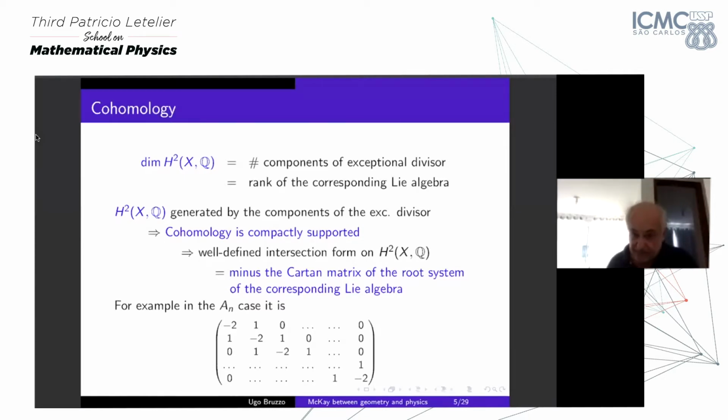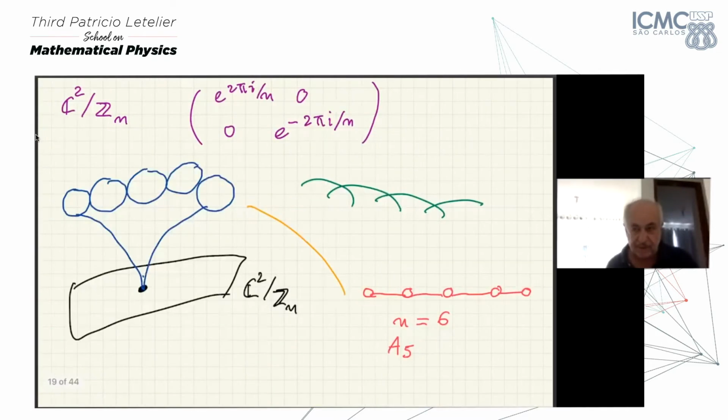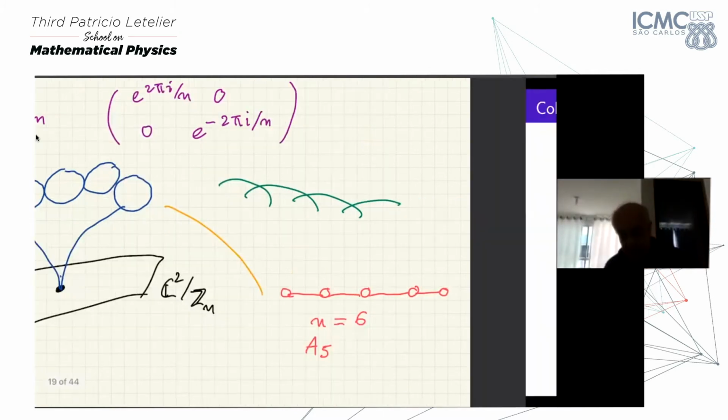And then what happens is that in the resolution of singularities, you see, we are talking about a complex surface, so real dimension 4. These spaces have no odd dimensional cohomology, because the cohomology is exactly generated by the components of the exceptional divisor that are real even dimensional.